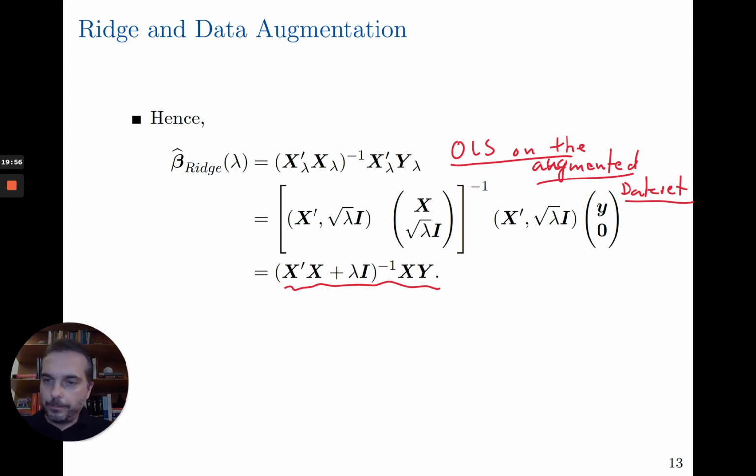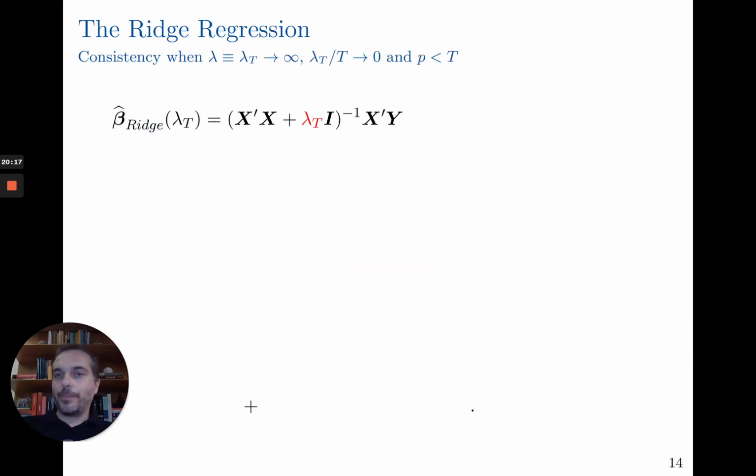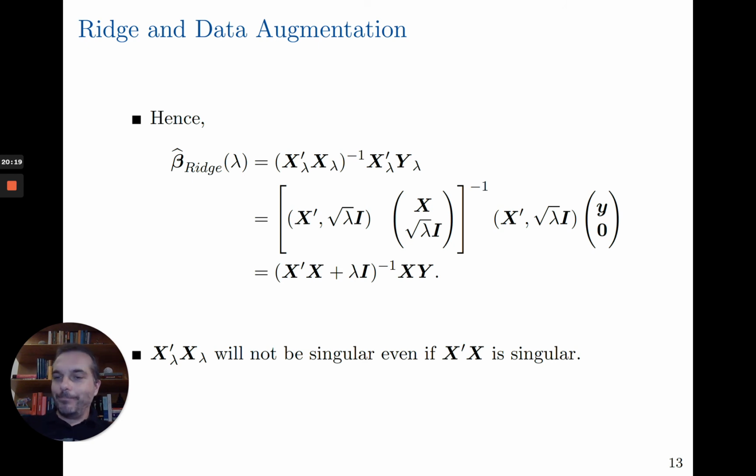So bingo. That's why ridge works. We are augmenting the data set, so we create artificially a large data set. Okay? And of course, x lambda prime x lambda will not be singular, even if x prime x is singular. So that's the trick behind ridge.